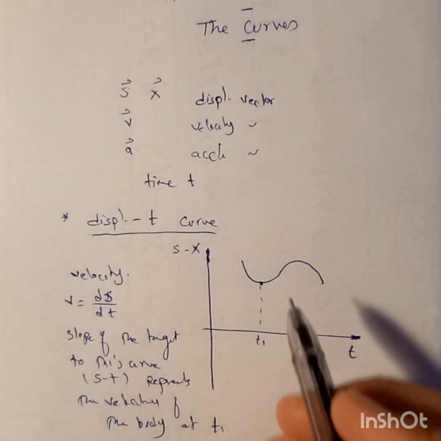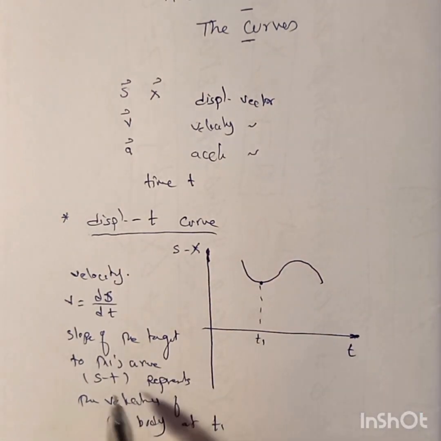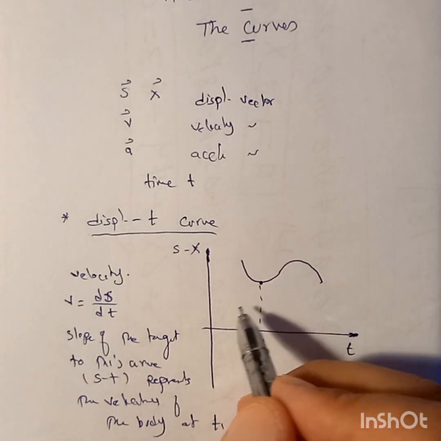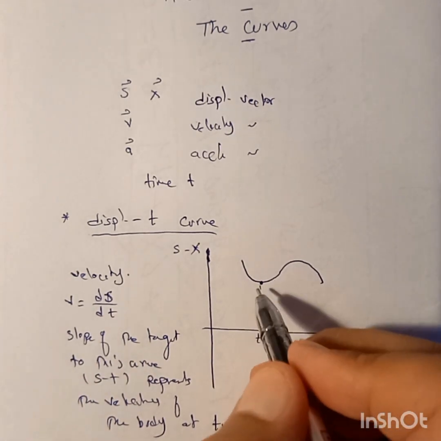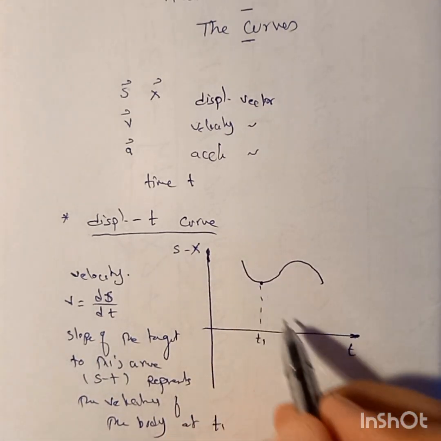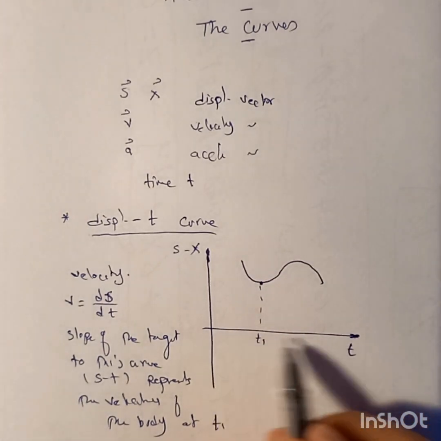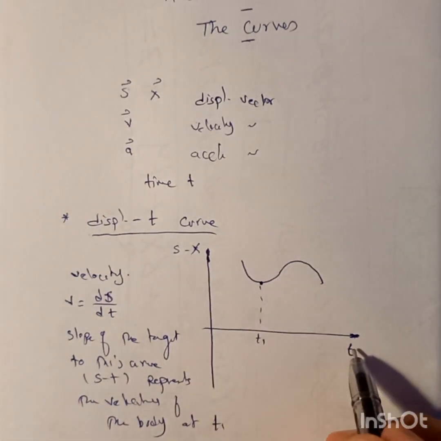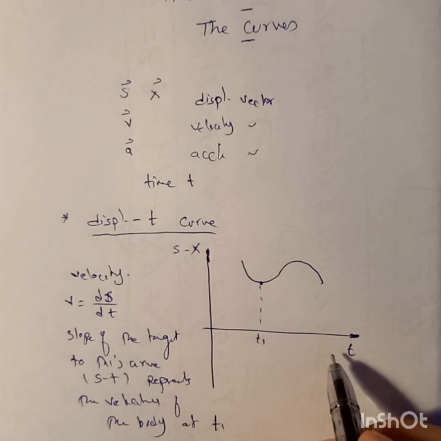As we said also, the slope of the tangent of this curve can be represented by the angle made by this tangent with the horizontal axis, the time axis.